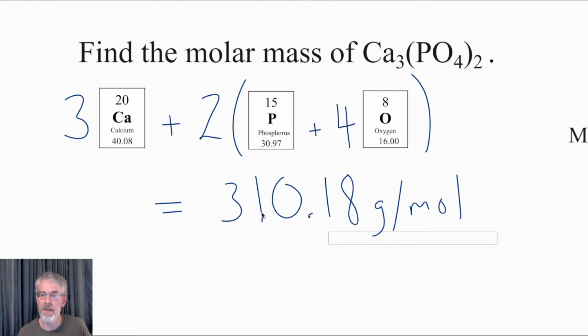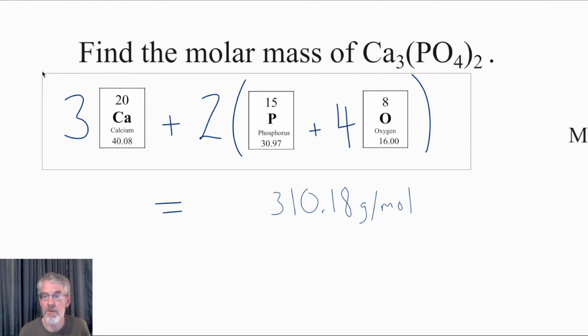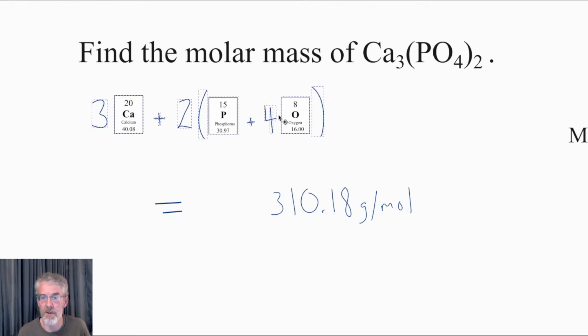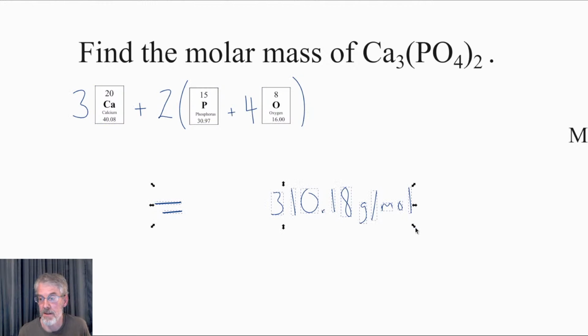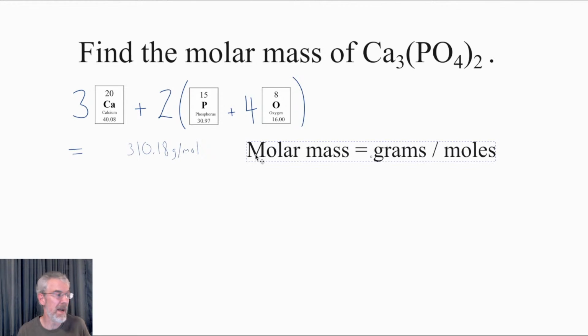So I'm going to shrink this down. And if you didn't get it right, it may be that you didn't do the 4 oxygens. Sometimes that happens, or just maybe a math error. So let's shrink this down and talk about moles and grams, because that's the reason we do molar masses, for moles and grams. All right, molar mass equals grams over moles.